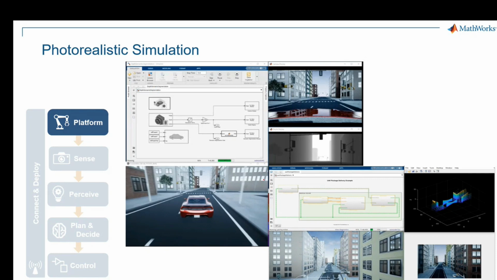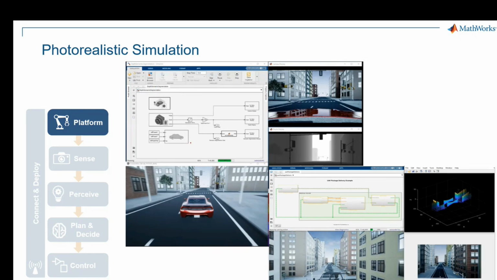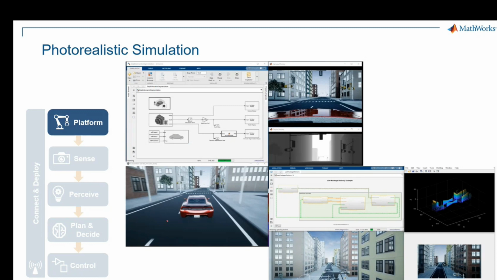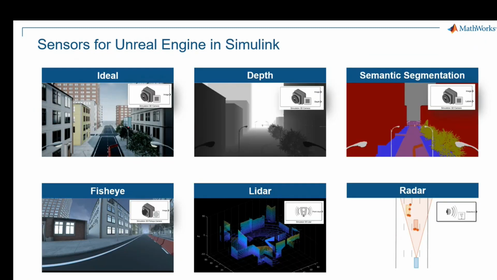Then inside the Simulink model, we can add our actors, for example, the vehicle with the different poses that it's going to do, and connect sensors to it. There are different types of sensors available. For example, if we go to the Simulink library, you're going to find the 3D cameras, the ideal classic pinhole model, where we can also extract other types of information, for example, depth and semantic segmentation.